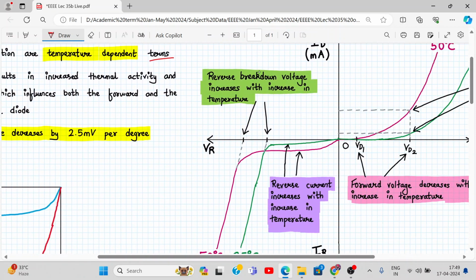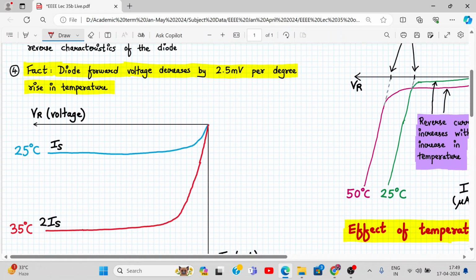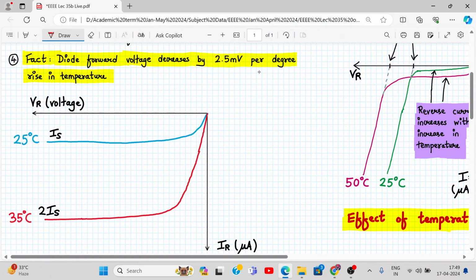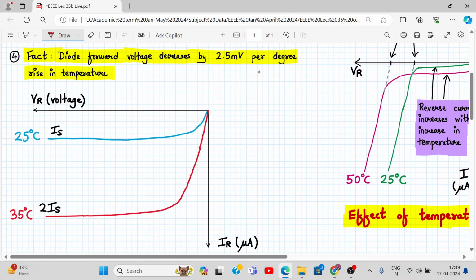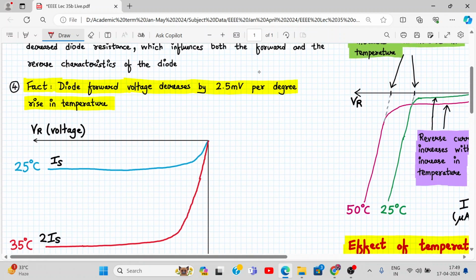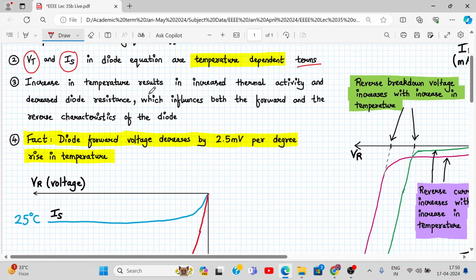Okay, so let's go to this now. This is a fact which we don't have to prove, that the diode forward voltage decreases by 2.5 millivolt per degree rise in temperature. So write down this one which I am tick marking.